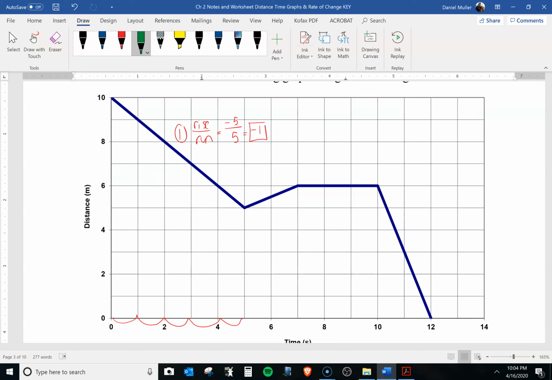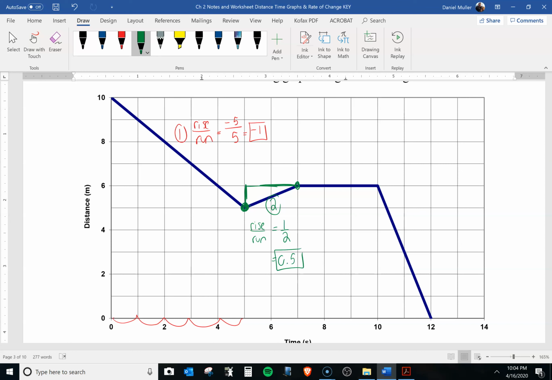Then we have here section number 2. And what is our rise and what is our run? From this area, it looks like we start here and we end here. We rise up 1 and we go over 2, which we know is 0.5.